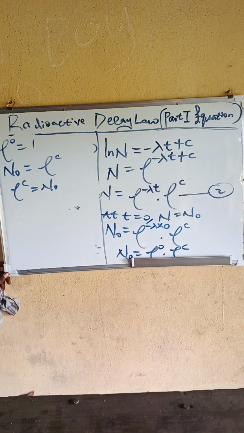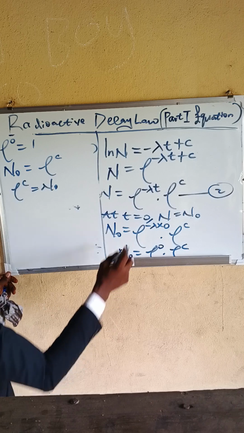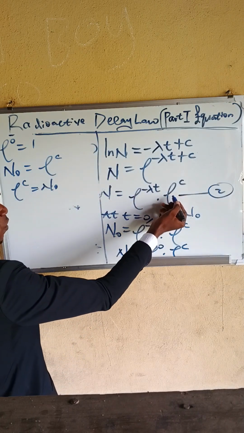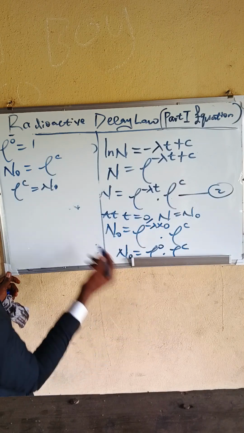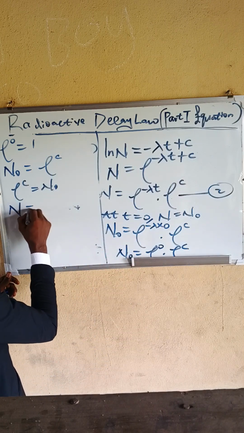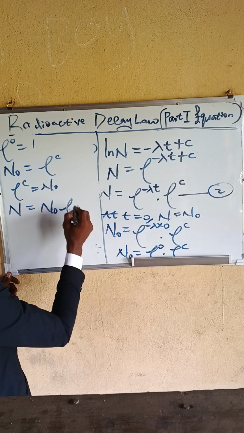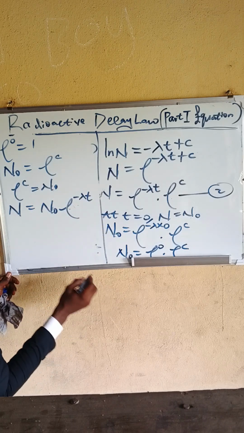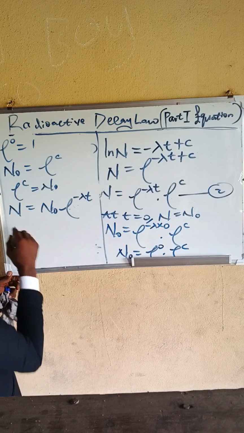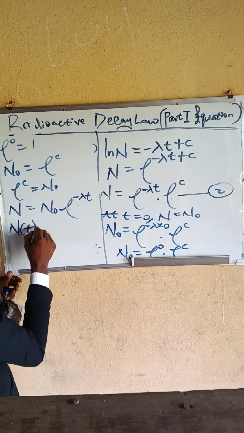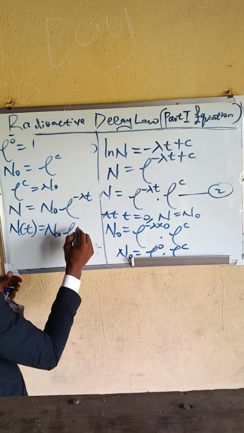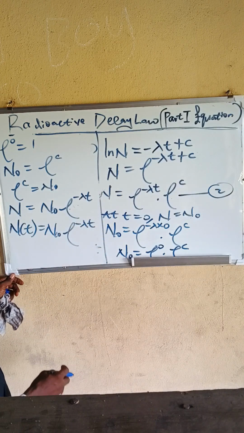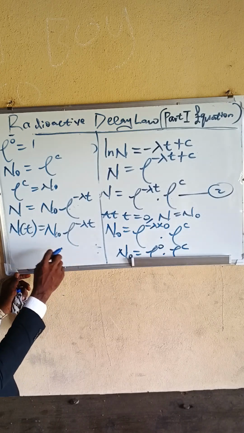Wherever I see exponential c here, I'm going to substitute N naught into this equation. If I do that, I will have N is equal to N naught exponential negative decay constant t. At time t, I'm going to have this as N naught exponential negative decay constant t. So that gives me this equation for radioactivity.